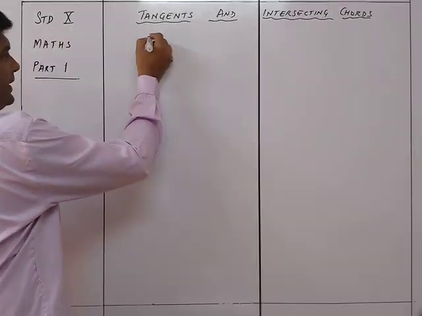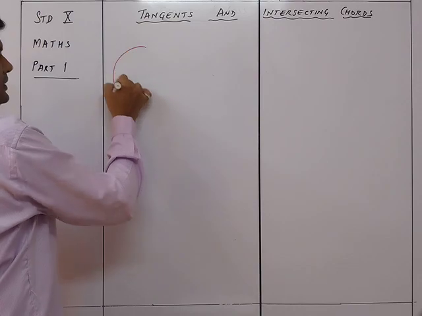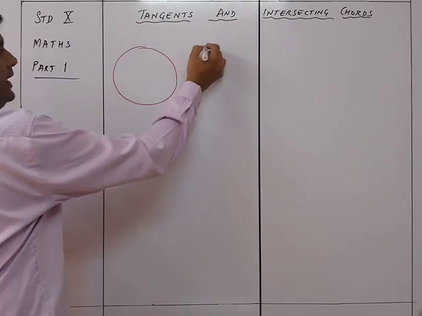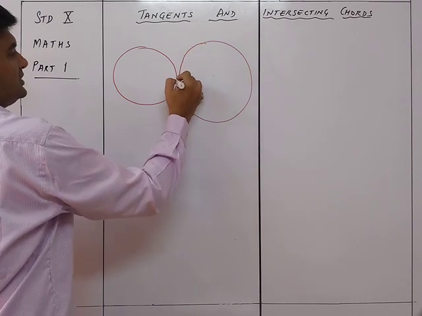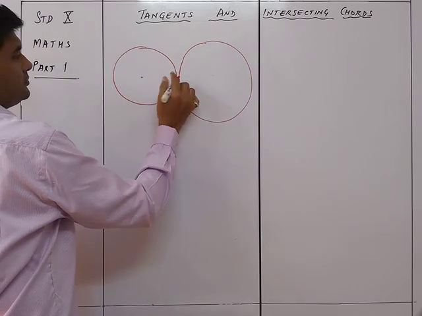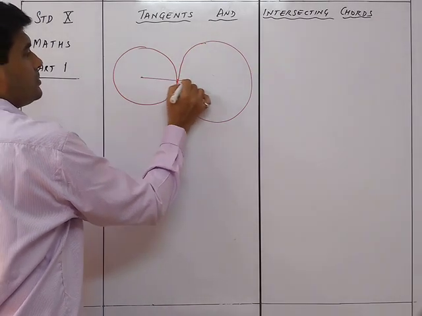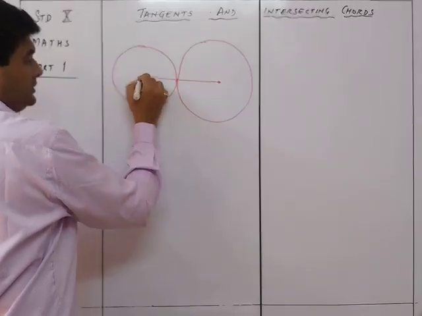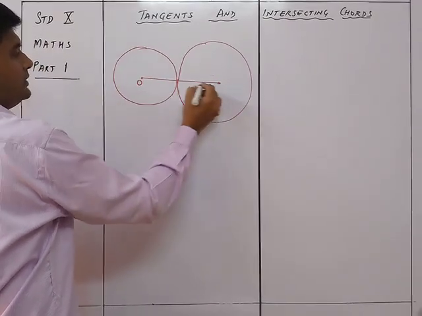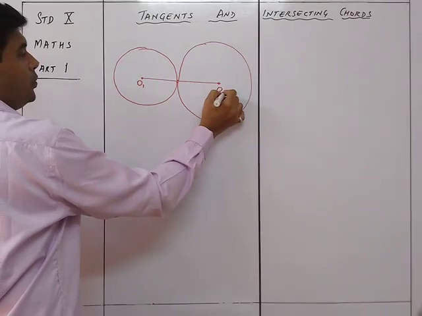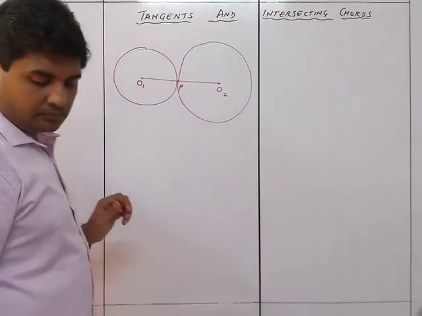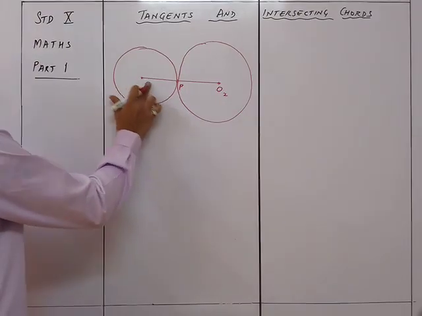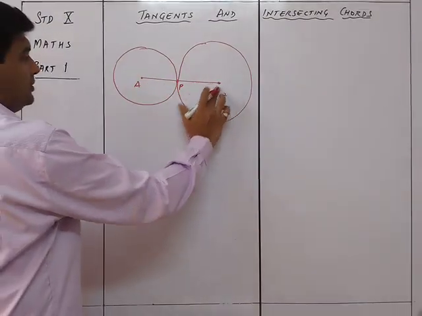We have the first one wherein you have got a circle like this and a circle like this. So this is the point of intersection. This is your O, this is your O1, this is your O2, and this is your point P. Or let us take it as A and B as shown in the figure.